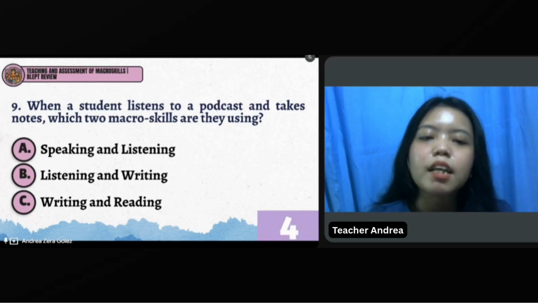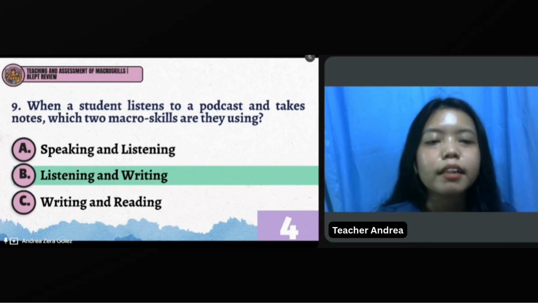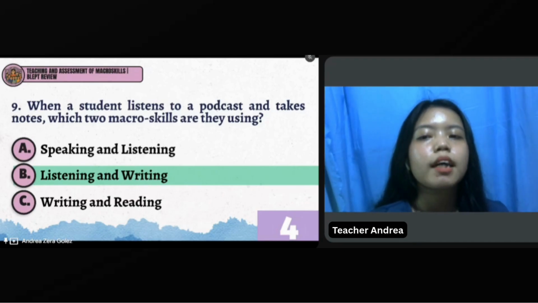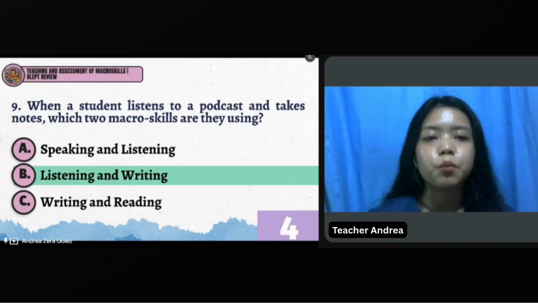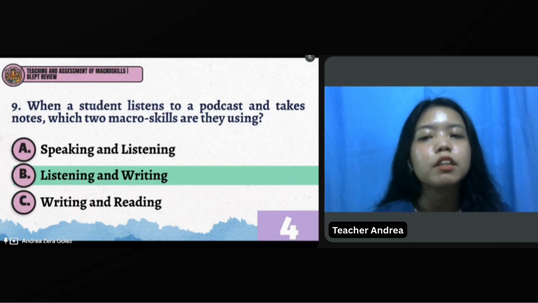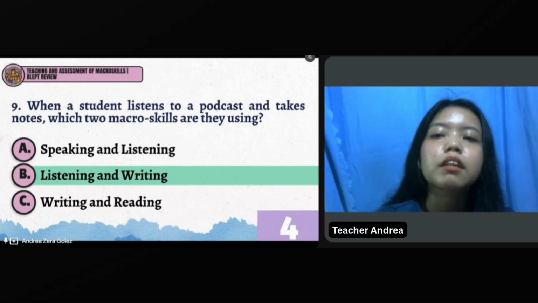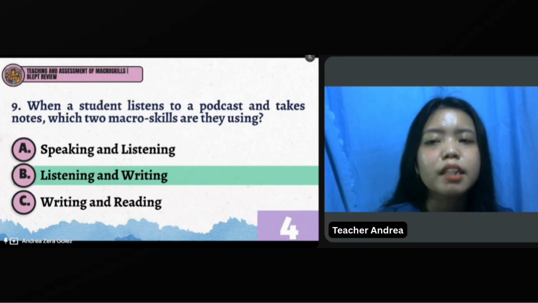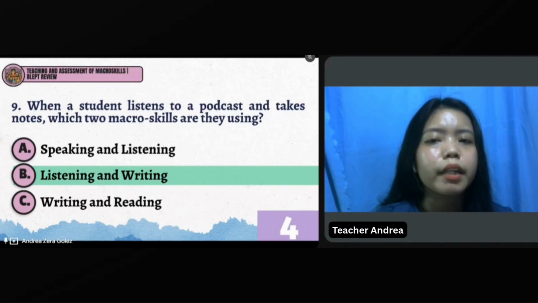Alright, let's now see if your answer is correct. Listening and writing is the answer for number 9 because this includes listening and writing. The student is listening to a podcast and is also taking down notes, which includes the writing skill. Speaking and listening is not applicable to this action because the student is not speaking while listening to the podcast.